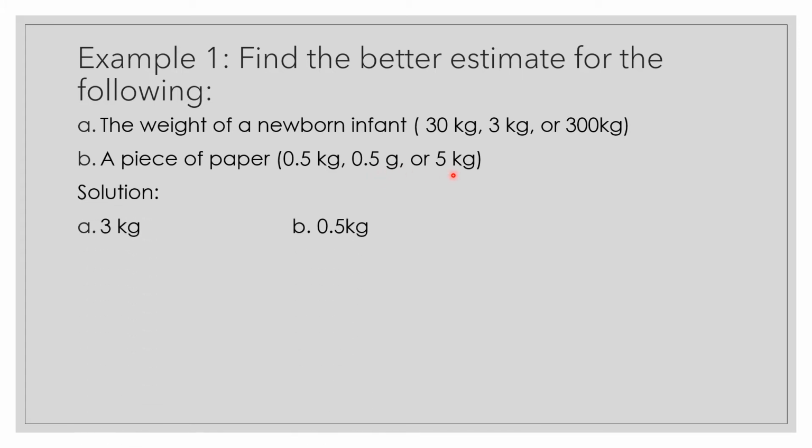Let's have solutions. The answer for the newborn infant is 3 kilograms. Of course, it's a newborn, it can't be 30 kilograms right away. And then for a piece of paper, that's about 0.5 kilogram. And how much is 0.5 kilograms? A piece of paper, 0.5? I think something is wrong here. It could be what?